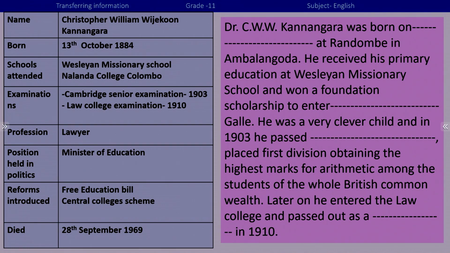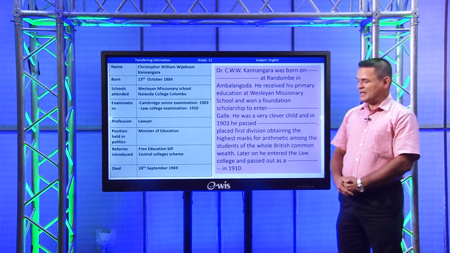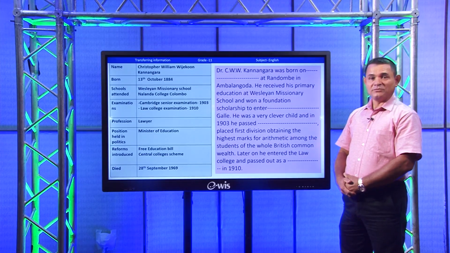He received his primary education at Wesleyan Missionary School and won a foundation scholarship to enter Gaul. Where? Find the answer from here. I will give you a little time, and try to find the answers for the other blanks without my help.